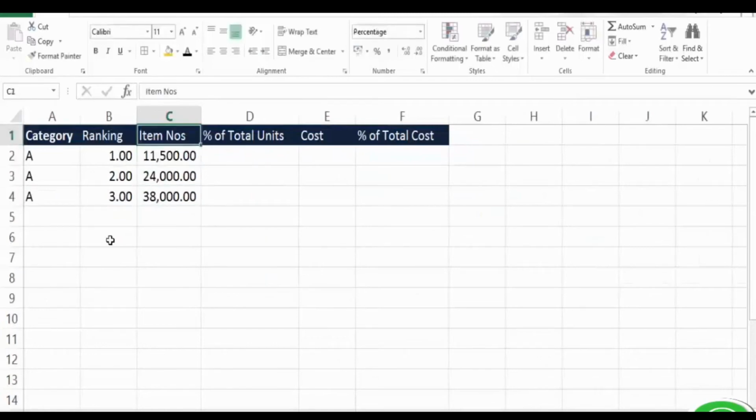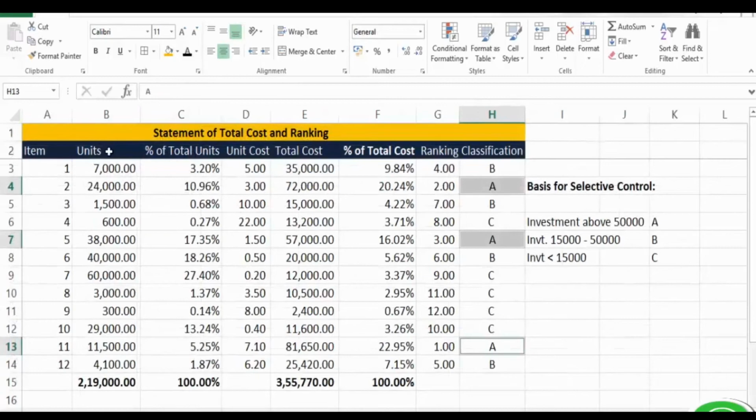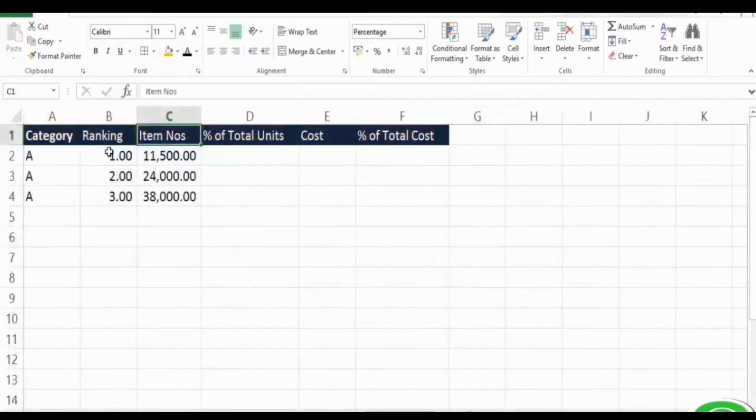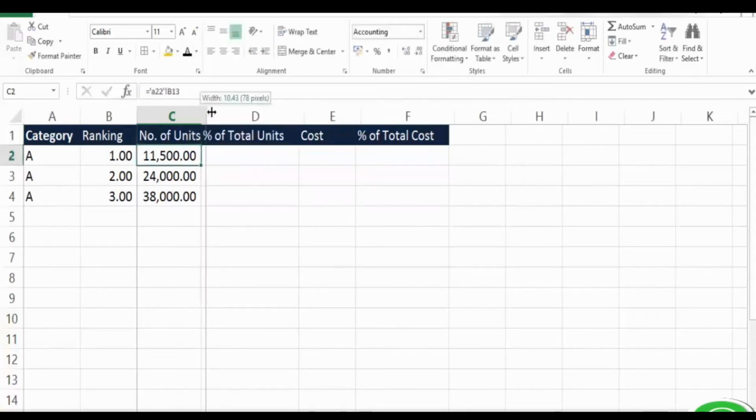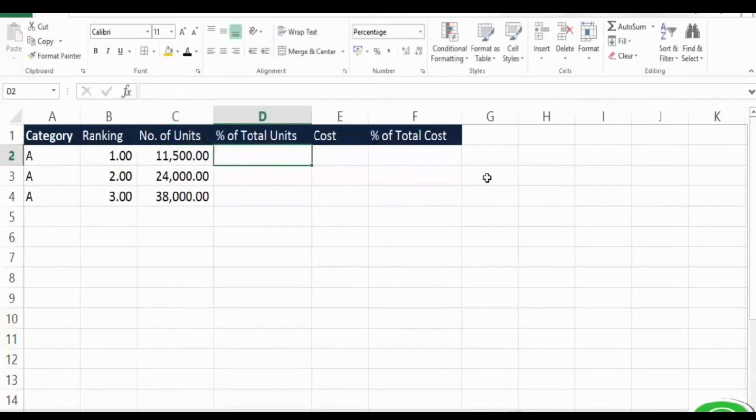Okay, so this item numbers, shall I rename it as number of units? That should be fine. So I'll say number of units. And what about the percentage of total units? We know the percentage of total units.